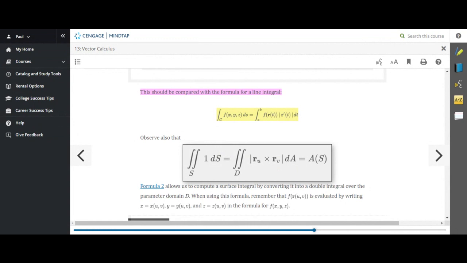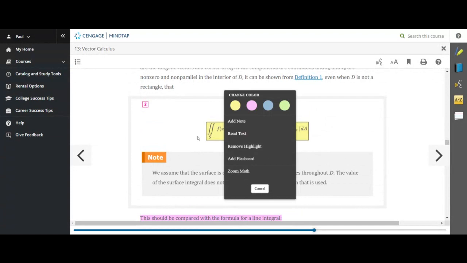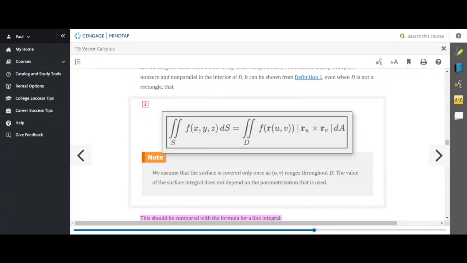Now again, if you're going to use this formula from section 13.6, it relies on you finding the parameterization of your surface. I always like to use this formula because it works all the time.